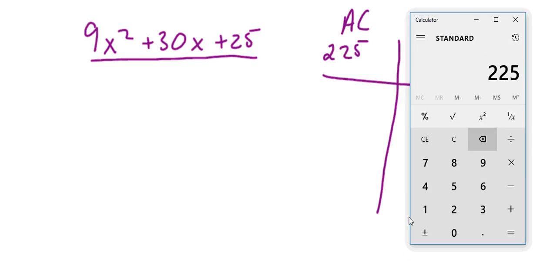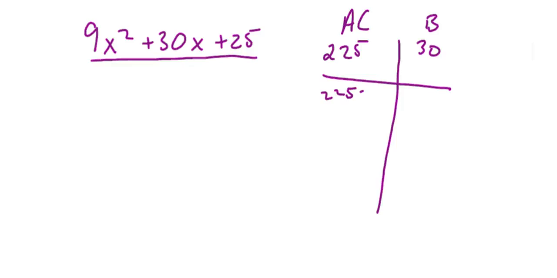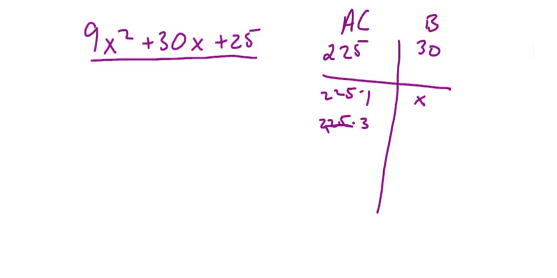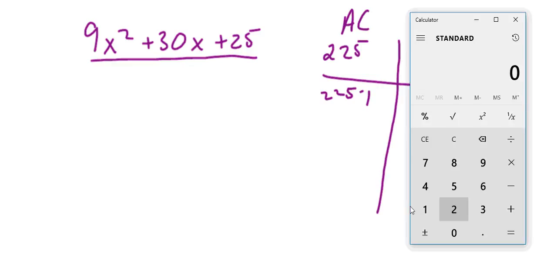225 times 1, that's not going to work, so I'm not going to worry about that one. Let's go 225 times 3. Would that work? What is 225 divided by 3?